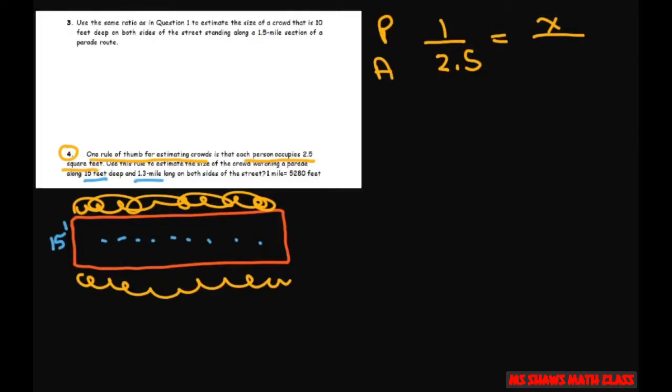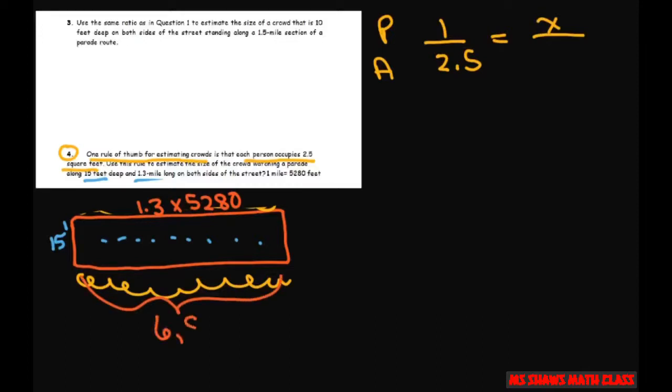We want this length to be converted to feet. So that's going to be 1.3 times 5,280. When you do that, you're going to get a total of 6,864. So that's what we're going to write.